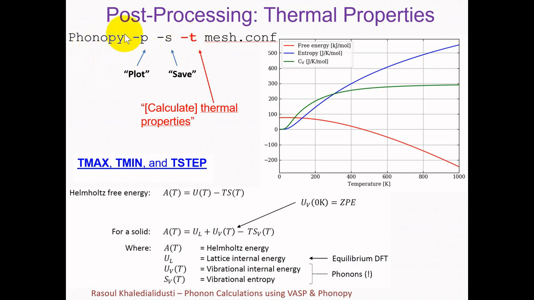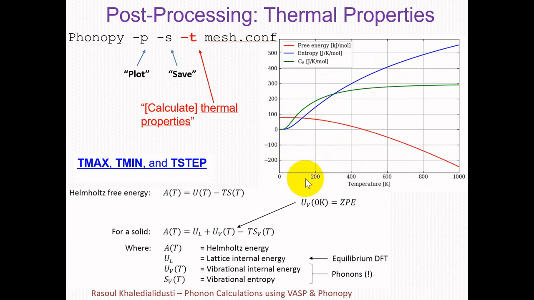So by performing this command in that directory, we can get the thermal properties and this plot. The horizontal axis is temperature, and the default goes until 1000 Kelvin, and the red line is Helmholtz free energy, the blue line is entropy, and the green line is heat capacity.